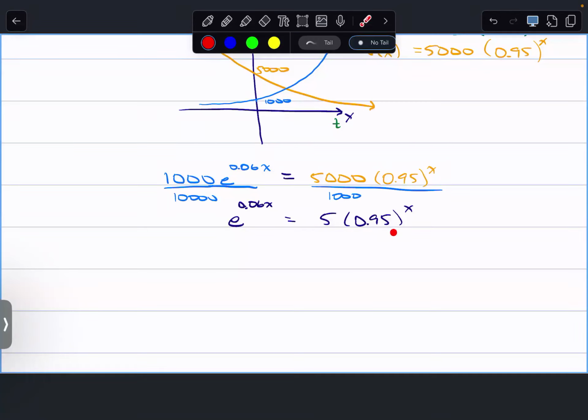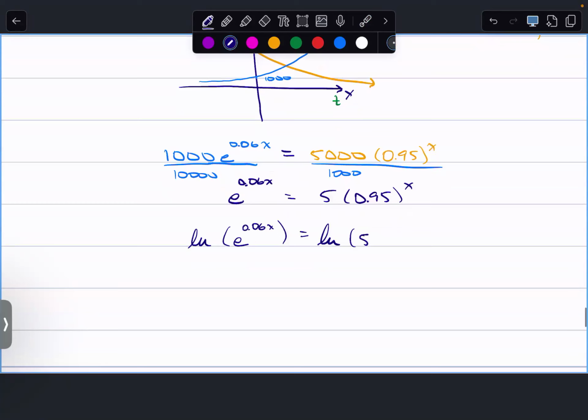And so I use log base e. So if we take the natural log of e to the 0.06x, and then I have to take the natural log of the other side as well, of 5 times 0.95 to the power of x.